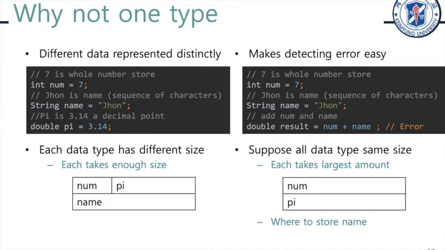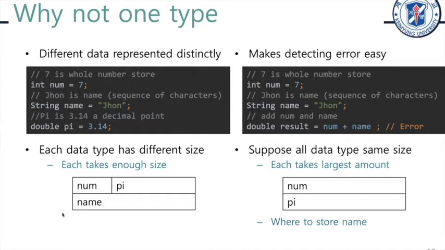The second thing is, each variable of a different type uses different memory space. If you remember how the memory organizes data, an integer probably takes only 4 bytes, a string takes 8 bytes, and a double takes 6 bytes.